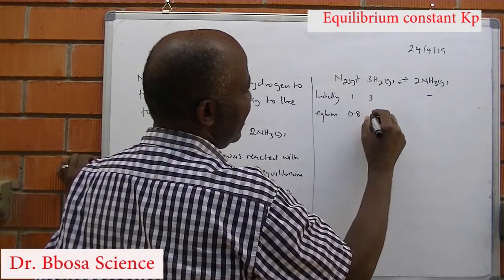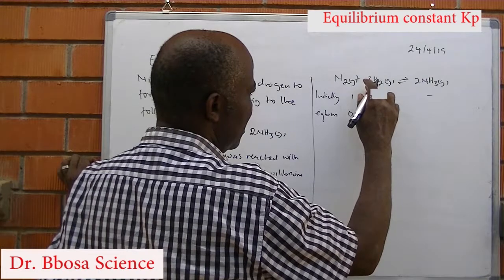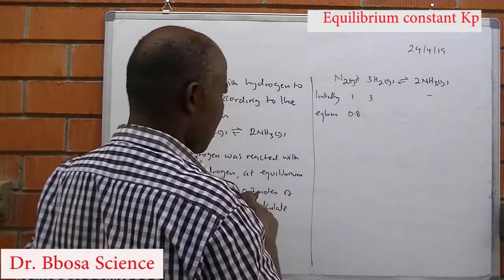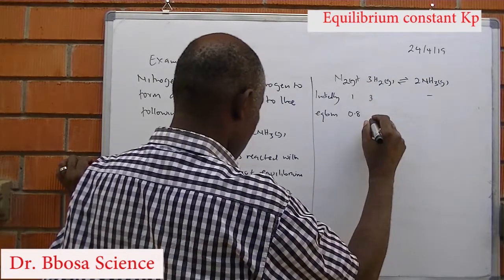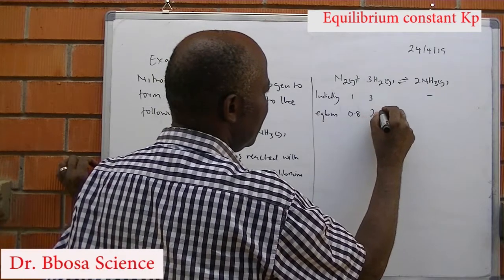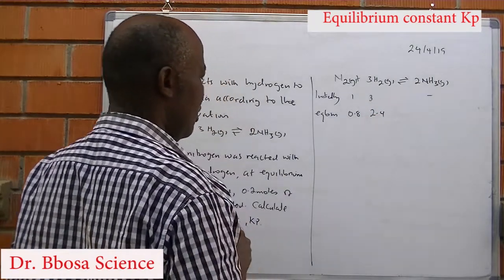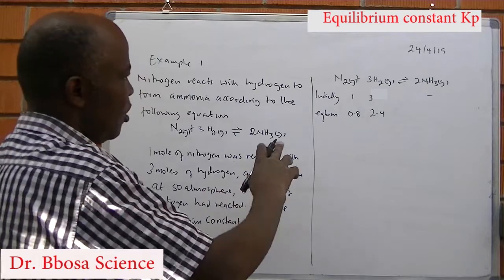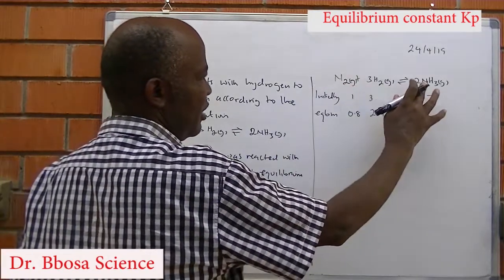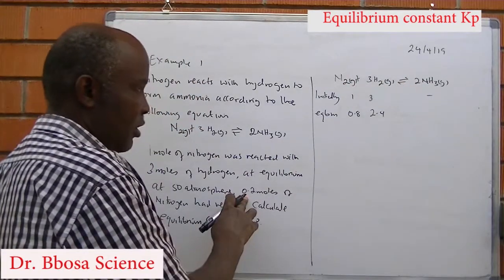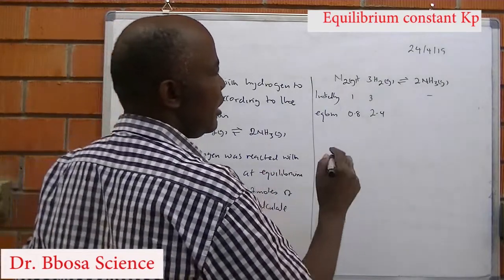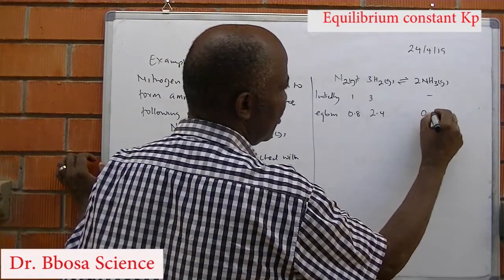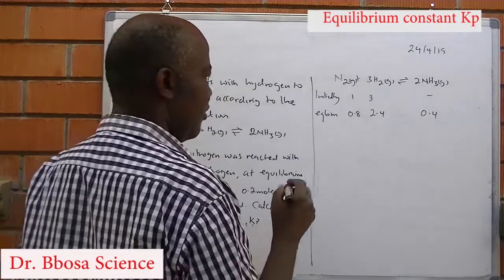So what is remaining here will be 3 minus 0.6. You will get 2.4 moles. Also, we are saying that when 1 mole reacts, 2 moles form. When 0.2 moles of nitrogen react, 0.4 moles of ammonia forms.